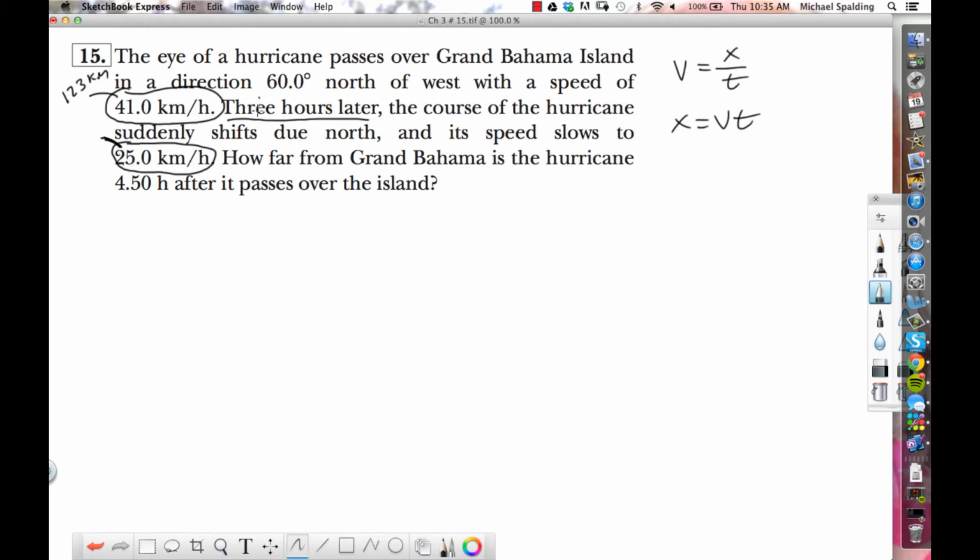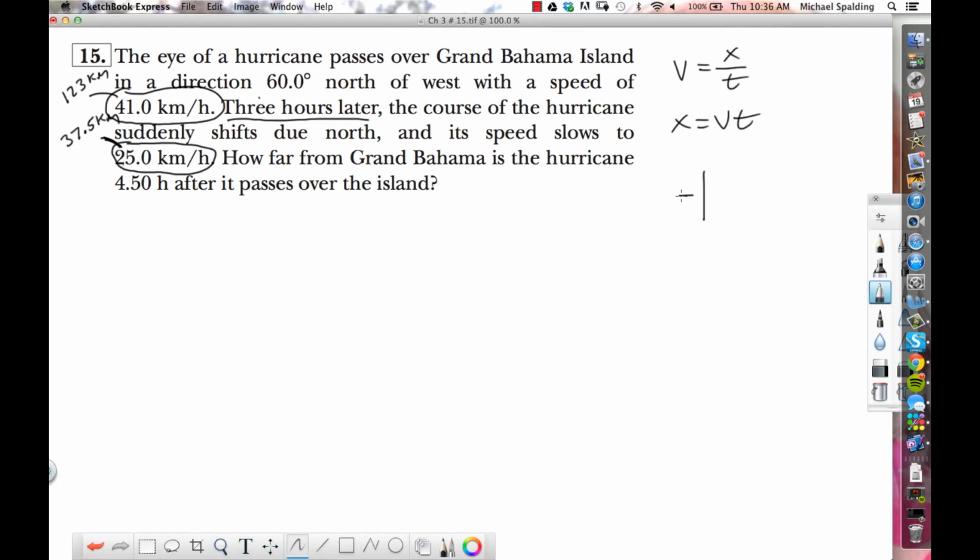Because the first one lasted for 3, and the question is where the hurricane will be 4.5 hours later. So this speed lasted for 1.5 hours, and the distance for that velocity is 37.5. Okay, so now we can do the problem.